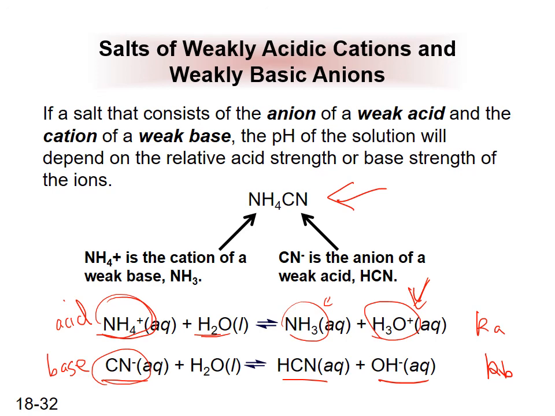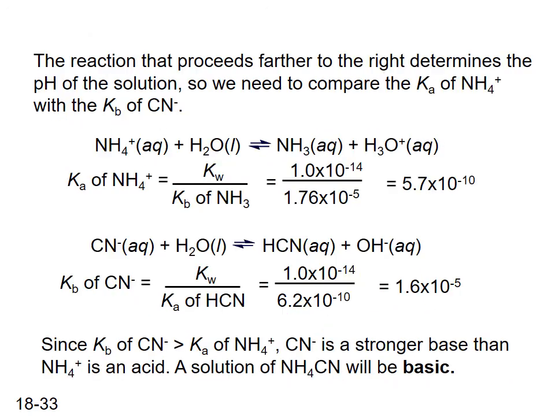So we'll see their Ka and Kb. Here are two reactions, 1 and 2. For 1, ammonium serves as an acid, so the Ka is shown here, which is 5.7 times 10 to the minus 10. For the second reaction, cyanide serves as a base, so we look at the Kb, which is 1.6 times 10 to the minus 5.